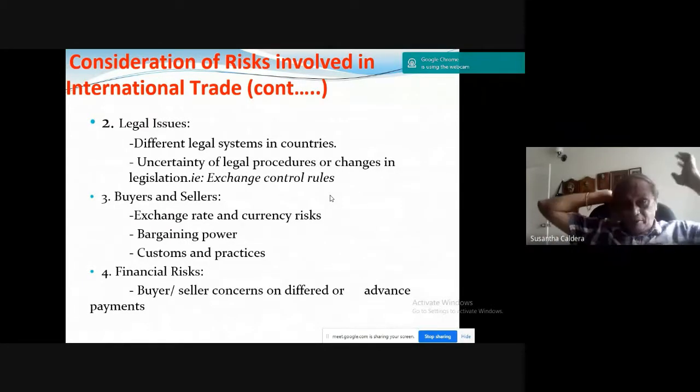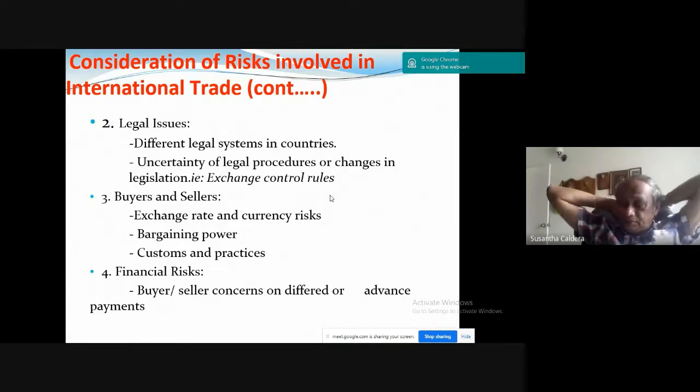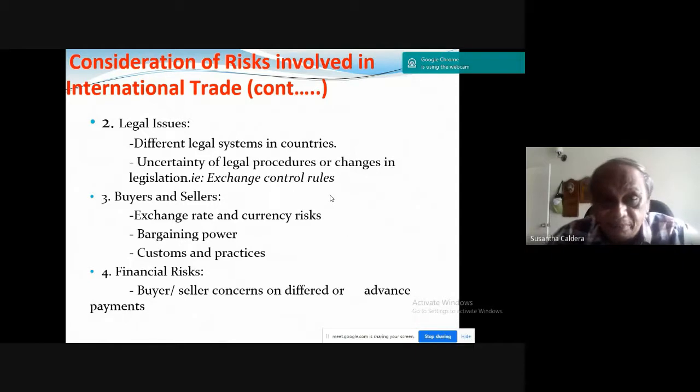Then different legal systems, uncertainty of legal procedures, changes in legislation, exchange control rules, all those things are there. Buyers and sellers.